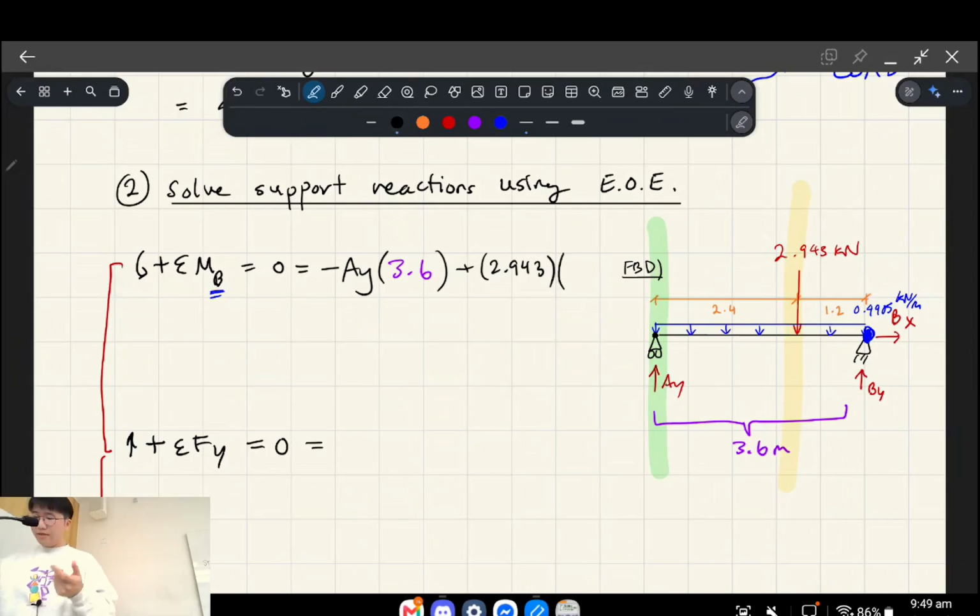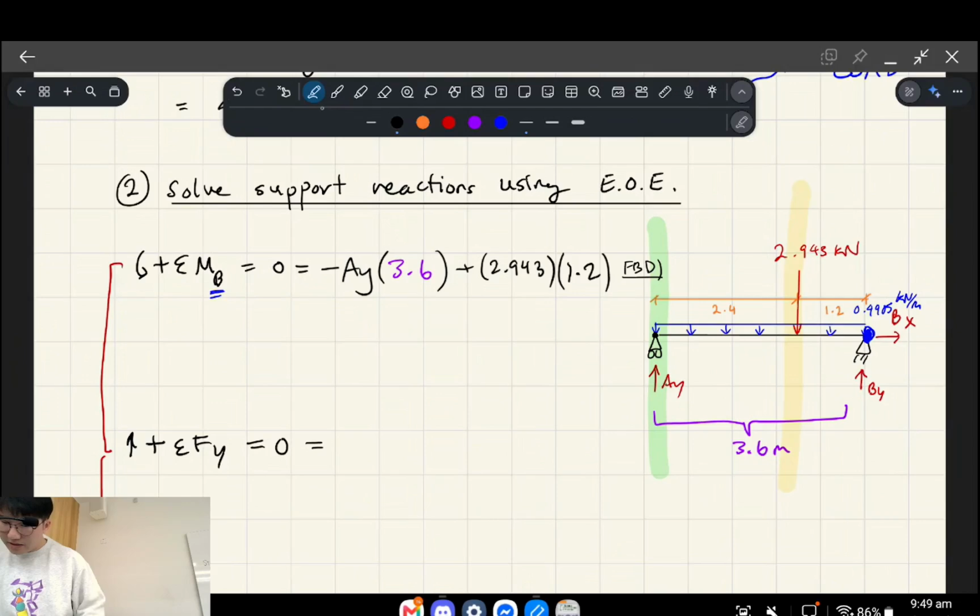And the lever arm, there's so many words to say, the lever arm is 1.2 meters away, right? All right, question. Have we considered every single force now? No, we haven't, because we haven't accounted for the distributed load, the self weight of the beam. So how do we do that?